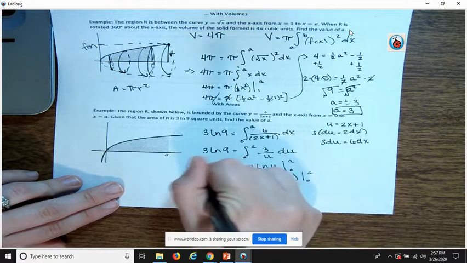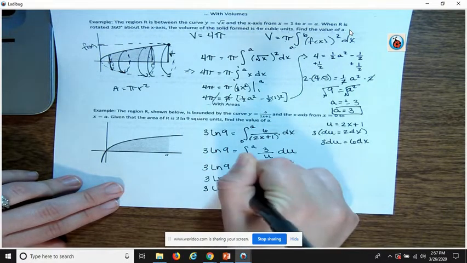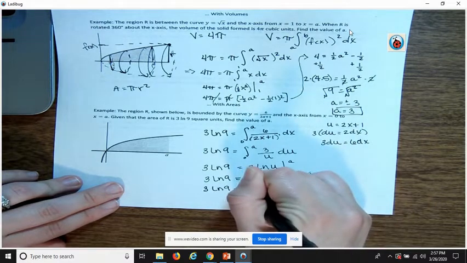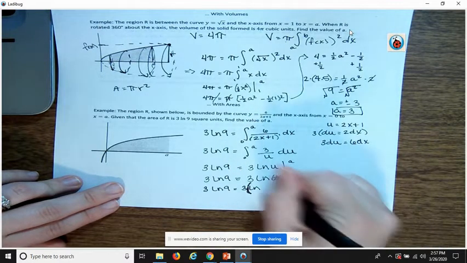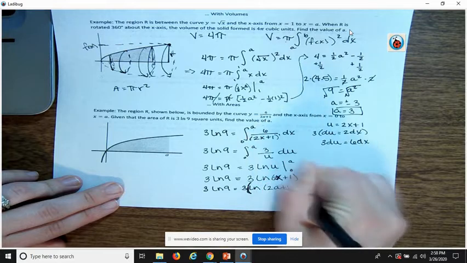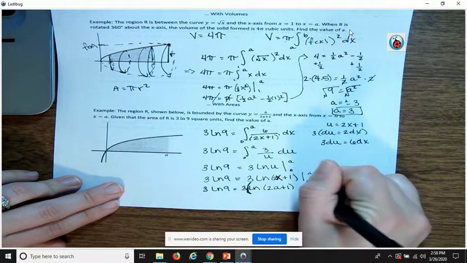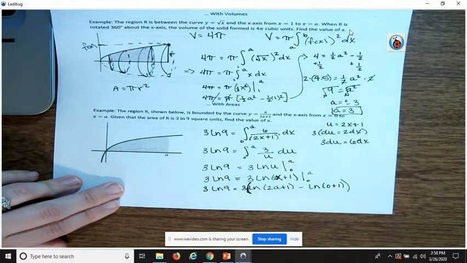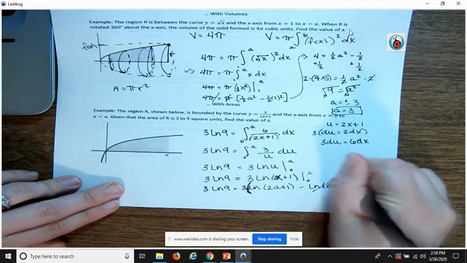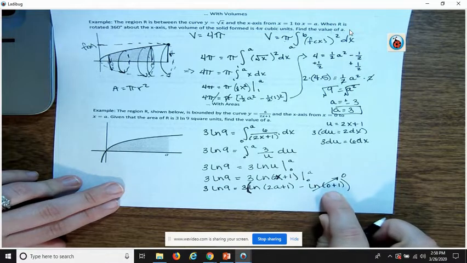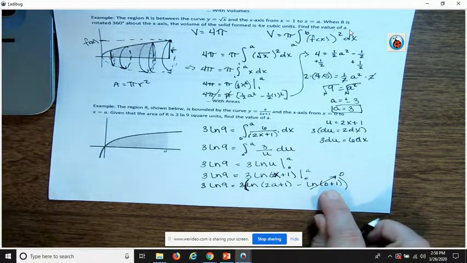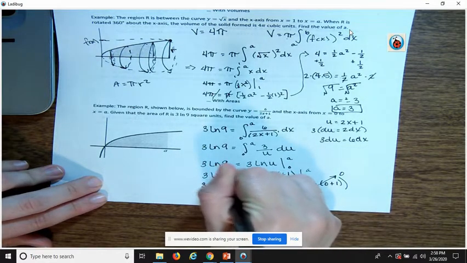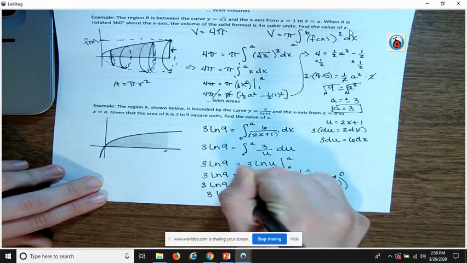So I have 3 natural log 9, 3 natural log, I guess maybe I should put parentheses, 3 natural log of 2a plus 1 minus the natural log of 0 plus 1. Okay, this thing is going to turn into 0 because it's the natural log of just 1, and the natural log of 1 is 0.